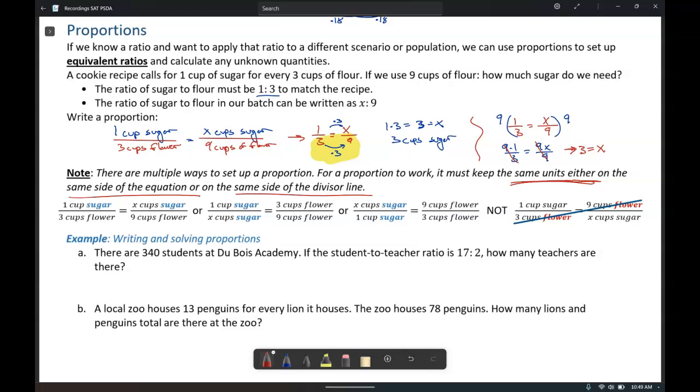We should be able to draw a straight horizontal or vertical line from one unit to the next in order for the equality to work. But if we see that our units cross diagonally from each other, that is not going to be an equal proportion, and we will not be able to use it to solve.